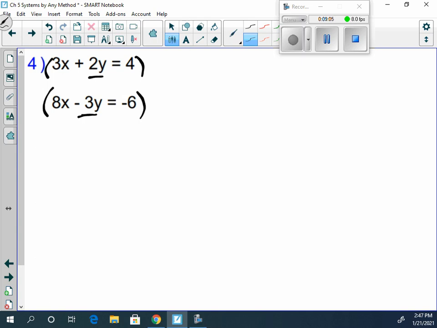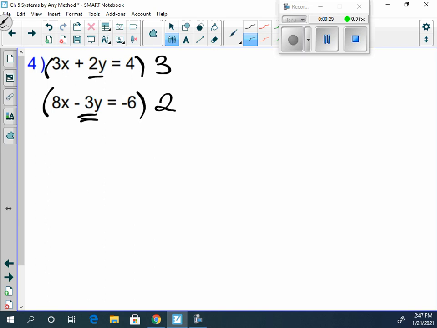Well, the value of y on the bottom is what? 3, yes? So I'm going to multiply the whole top equation by 3, because 2 times 3 is what? 6, yes? What's 3 times 2? 6, yes? So I'm going to multiply the whole bottom equation by 2.